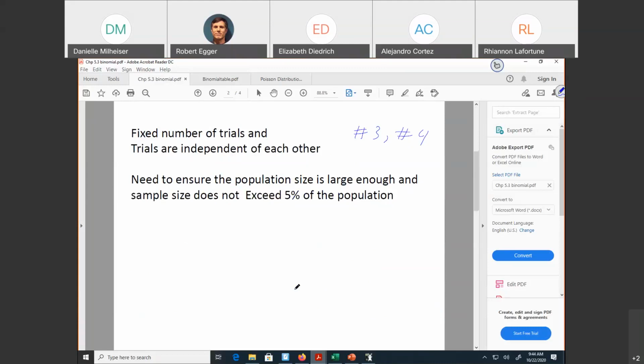Okay, population size. First of all, you need a population that is large enough. Because with that population you're going to draw your samples from, you want n to be no greater than 5%, or think of it as 1/20th.